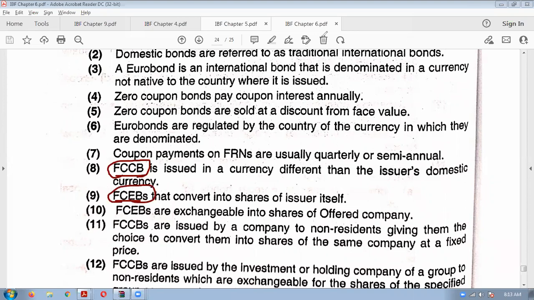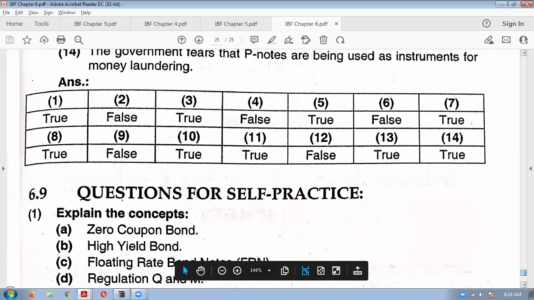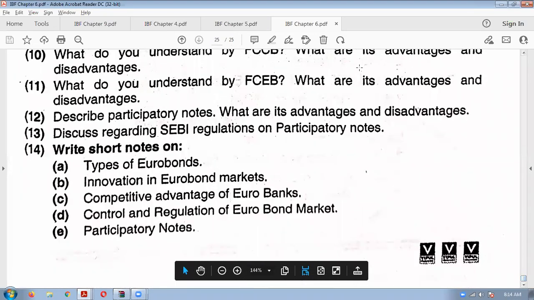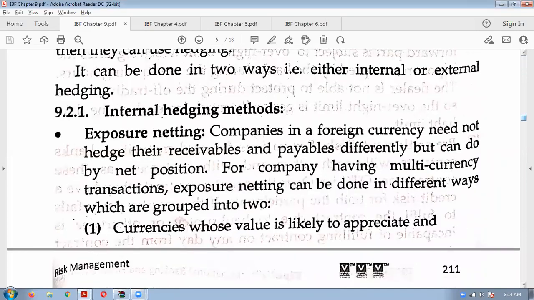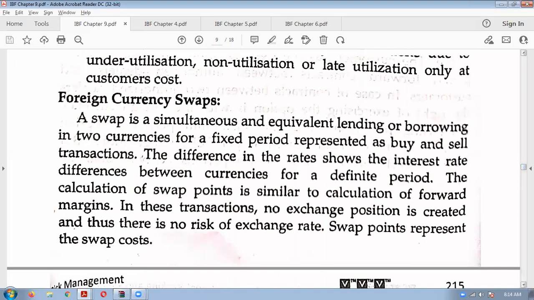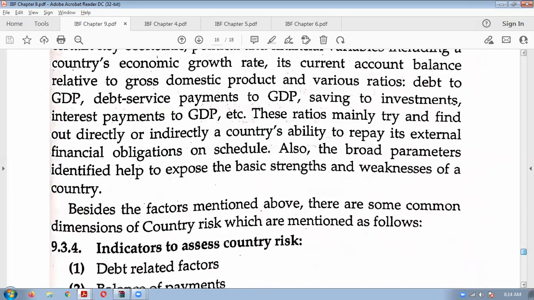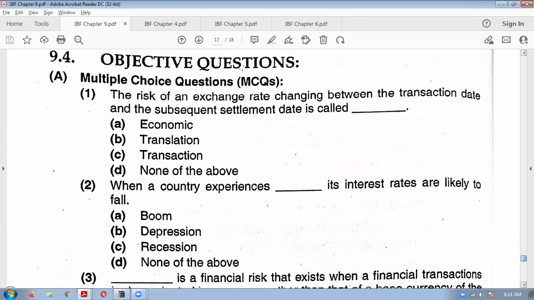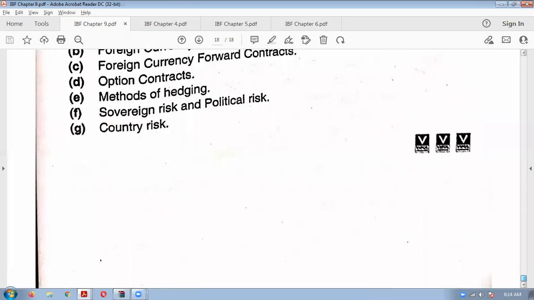Written everybody? Okay. Okay, this MCQ we have already discussed, I think.